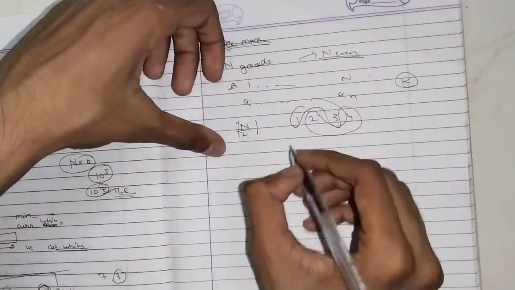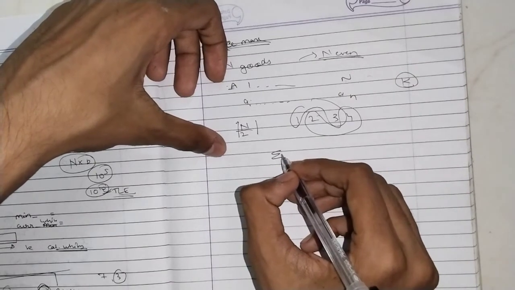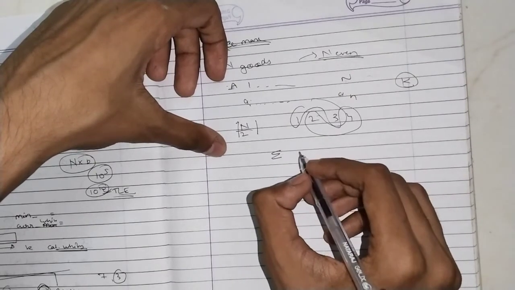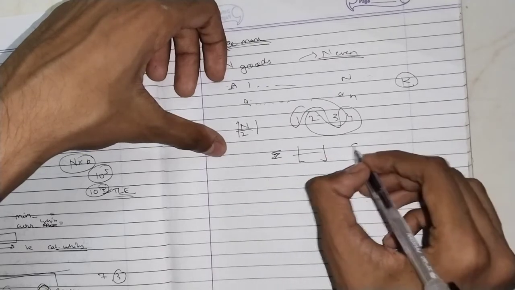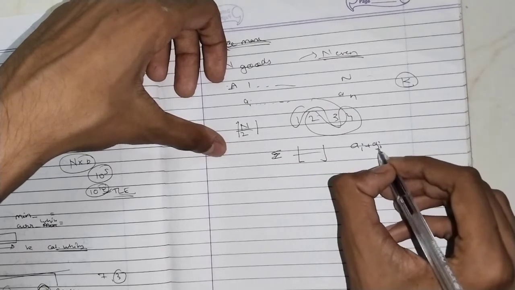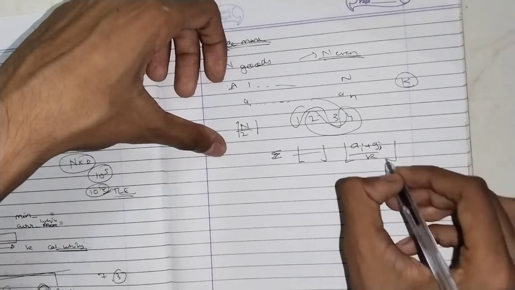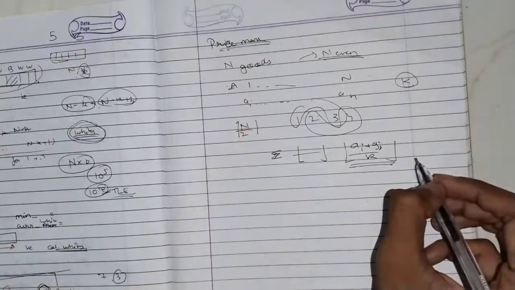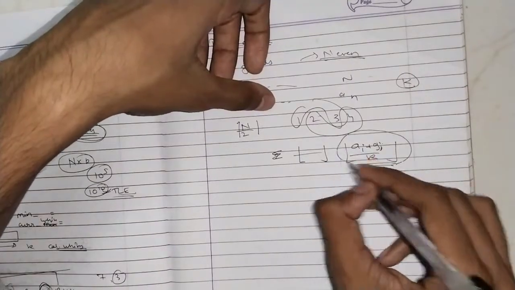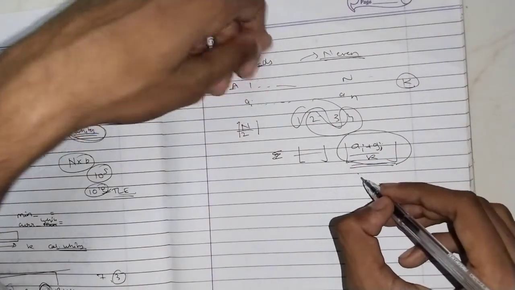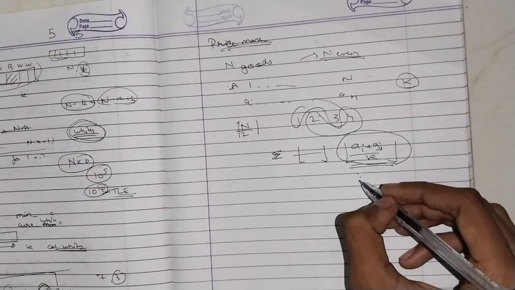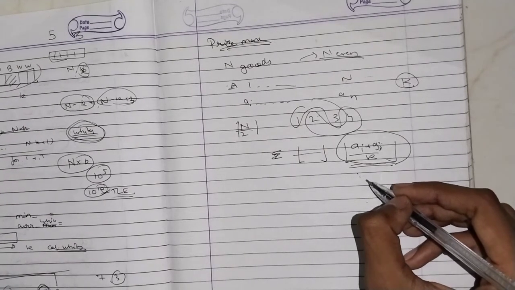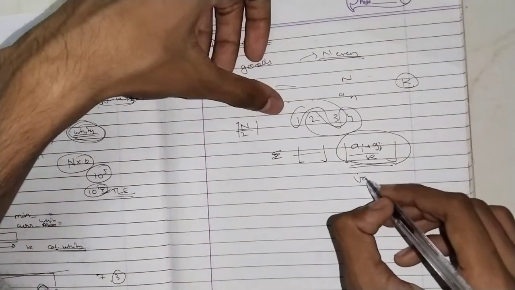for every pair I made, ai plus aj is the weight, divided by k, and the floor function of this will give me the value of this package.